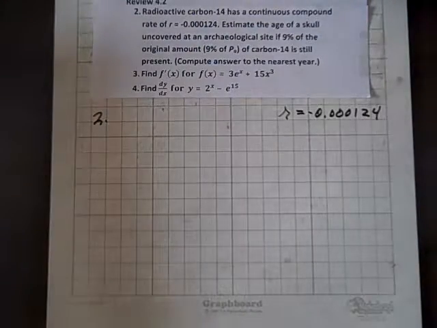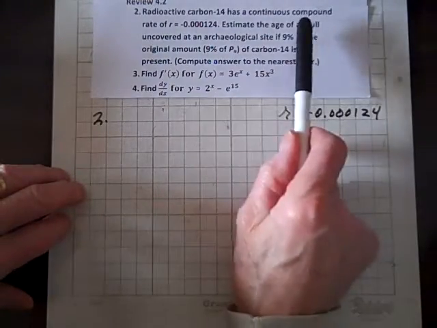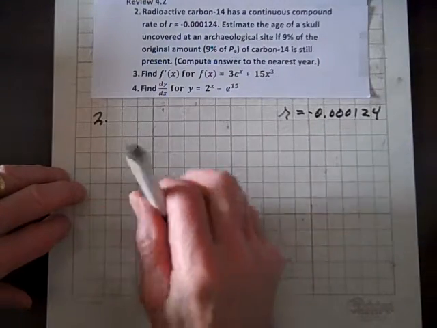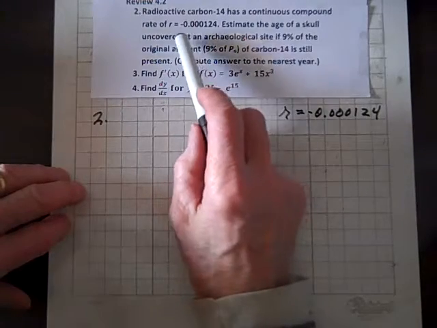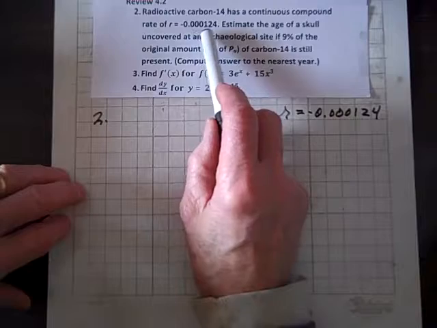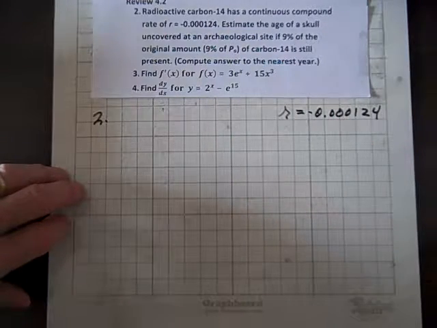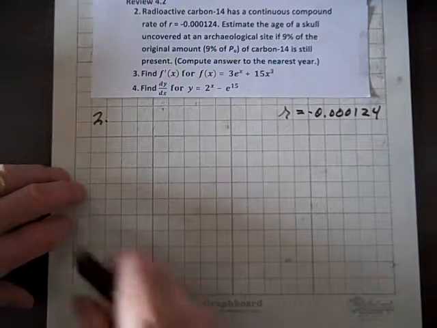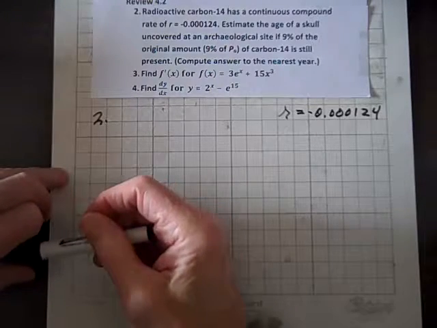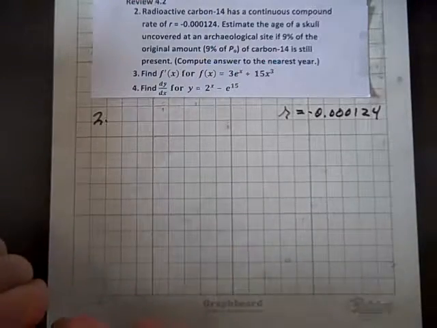Now we're doing question 2, and it says radioactive carbon-14 has a continuous compound rate of negative 0.000124. Estimate the age of a skull uncovered at an archaeological site if 9% of the original amount of carbon-14 is still present.